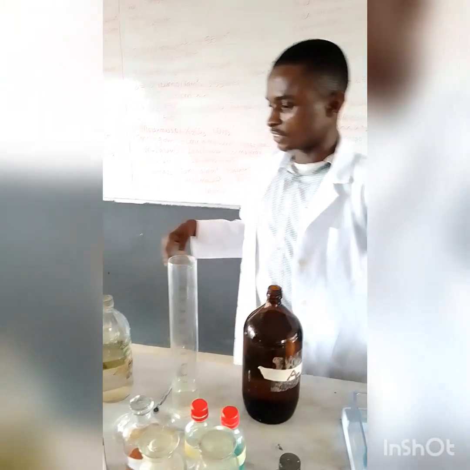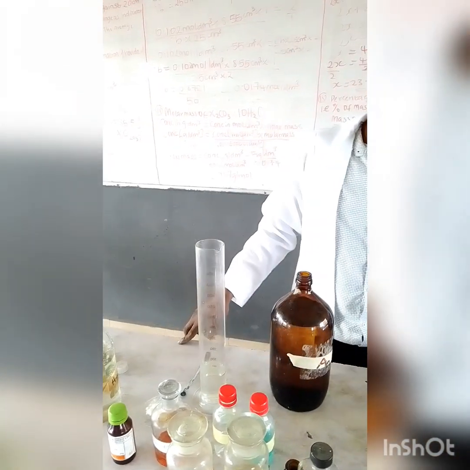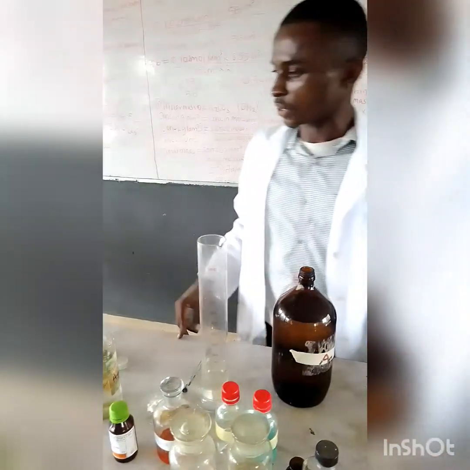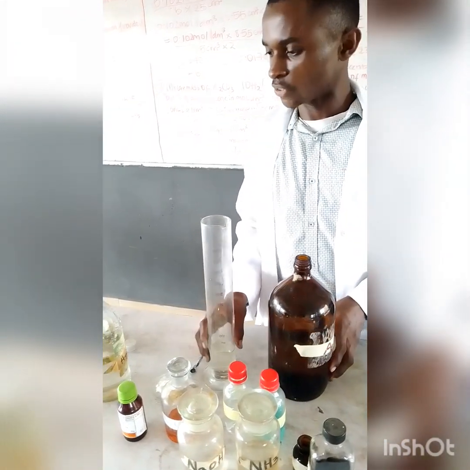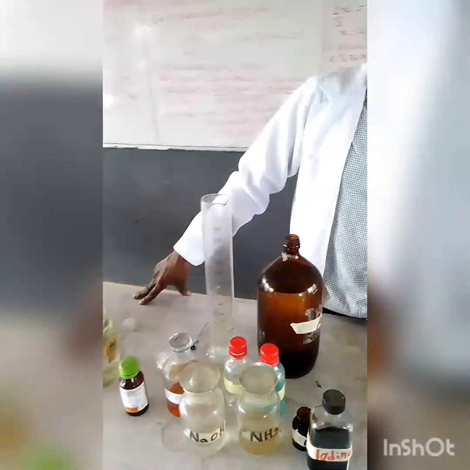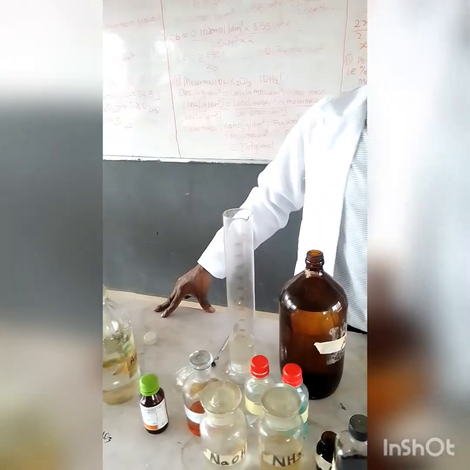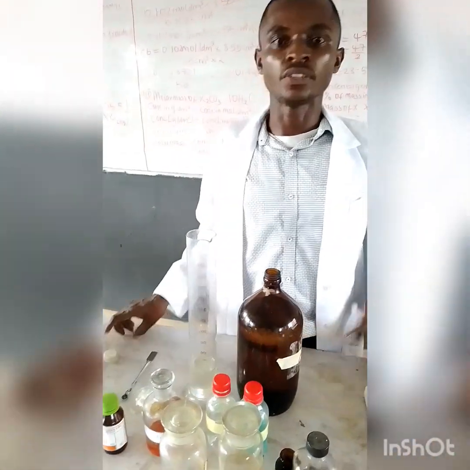So our reagent is now ready, and you can actually use it and get your correct results. I can't wait to see you people excel in your various academic endeavors, especially tomorrow, which is your WAEC practical. Good luck in your exam.